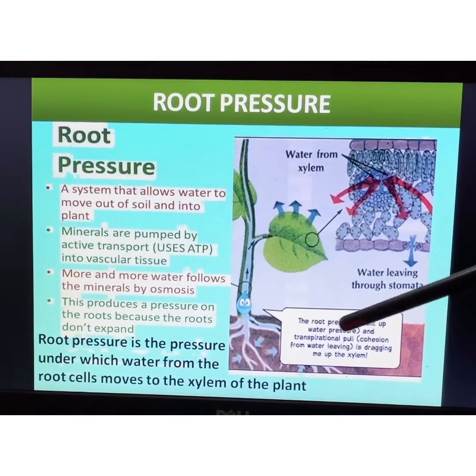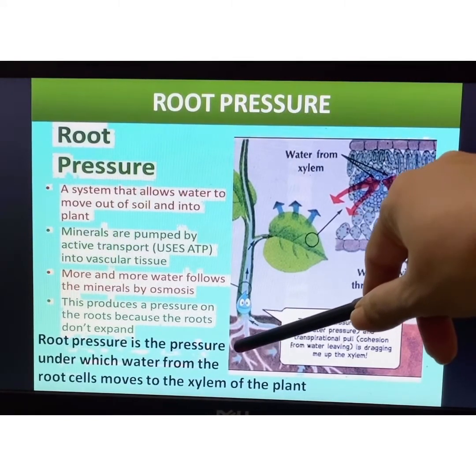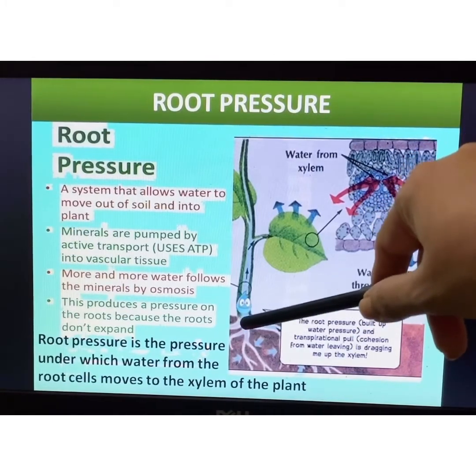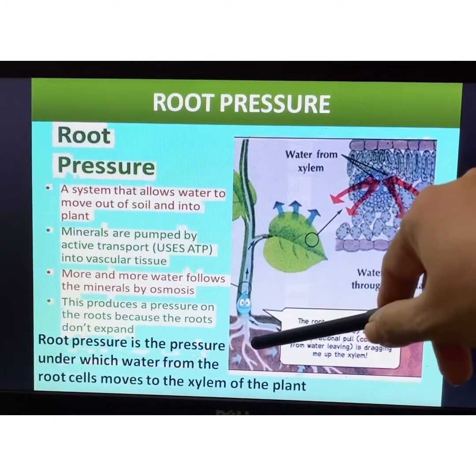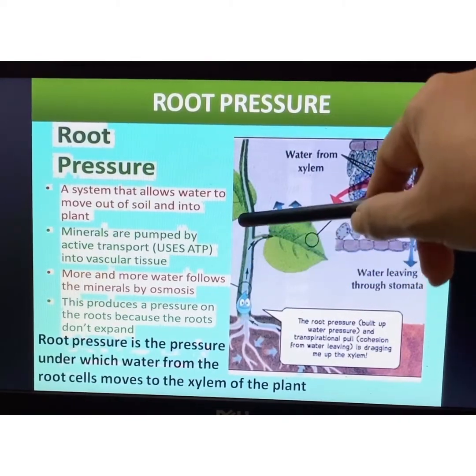So root pressure is built up. It is the water pressure that builds up in the roots, and that forces the water to go up.